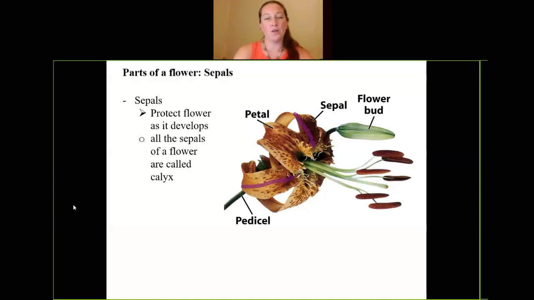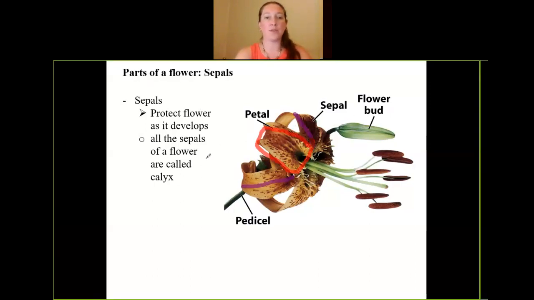Let's see, I think it was red for petals, right? Oops, no. Here's a petal here, and the sepals are below that because they're a different whorl. Most of the time the sepals are green and look like little leaves, and their job is to protect the flower as it opens.